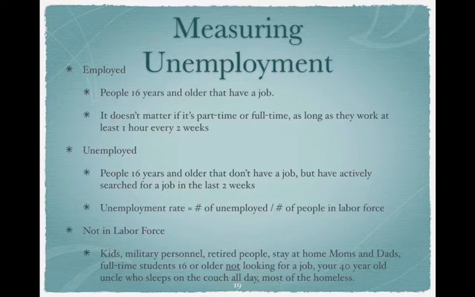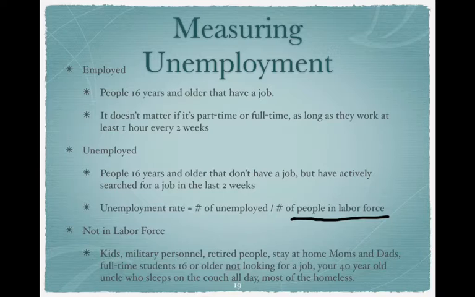It's worth noting that second half of the formula, the number of people in the labor force. For the unemployment rate, make sure we're dividing the number of people unemployed by the number of people in the labor force, and not by the number of people in the population. That's a common mistake that students will make on the AP exam.